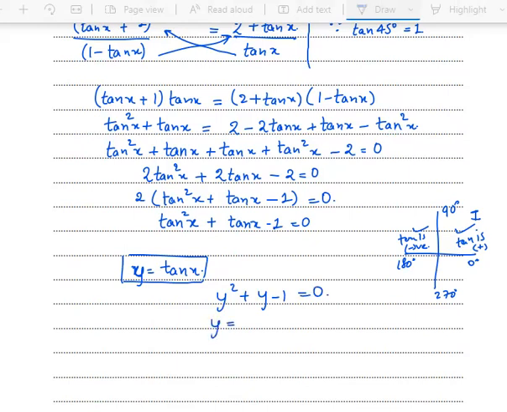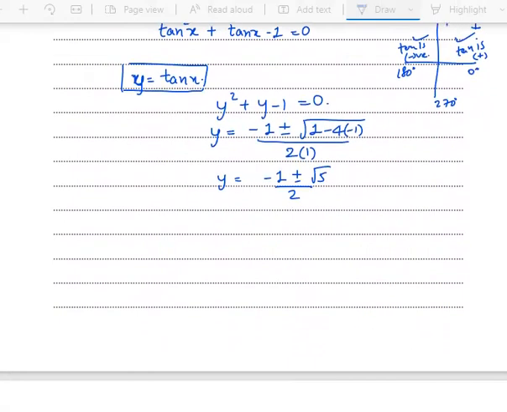Therefore, I can write y is equals to minus b plus minus under root b square minus 4ac divided by 2a. Here a is 1, b is 1, c is minus 1, the coefficients. So b square is 1, minus 4 into minus 1, gives under root 5. Therefore, we have y equals to minus 1 plus minus under root 5 divided by 2. So now from here, the two values of y are minus 1 plus root 5 divided by 2 and minus 1 minus root 5 divided by 2.